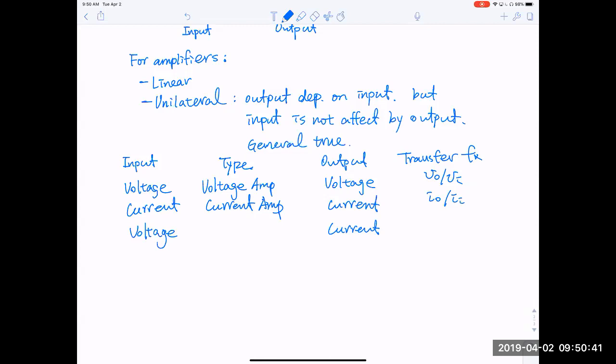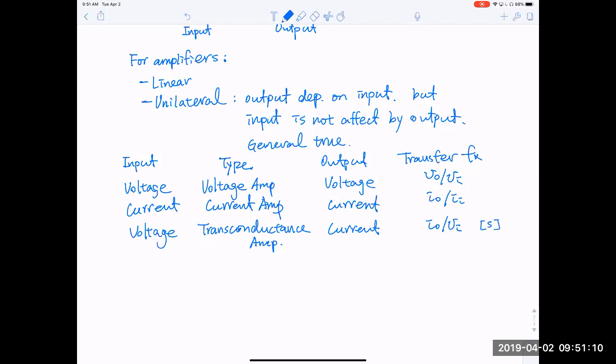Both are dimensionless. Here it will be IO over VI. So input is voltage, and this has a unit of conductance. So this type of amplifier is called a transconductance amplifier. The unit of this is Siemens.